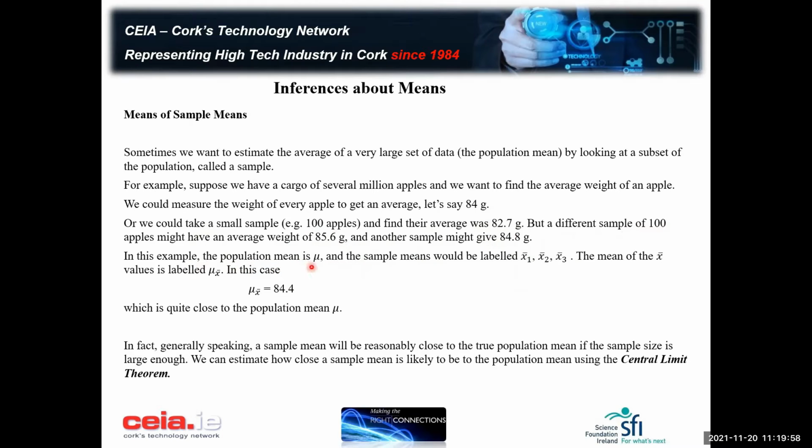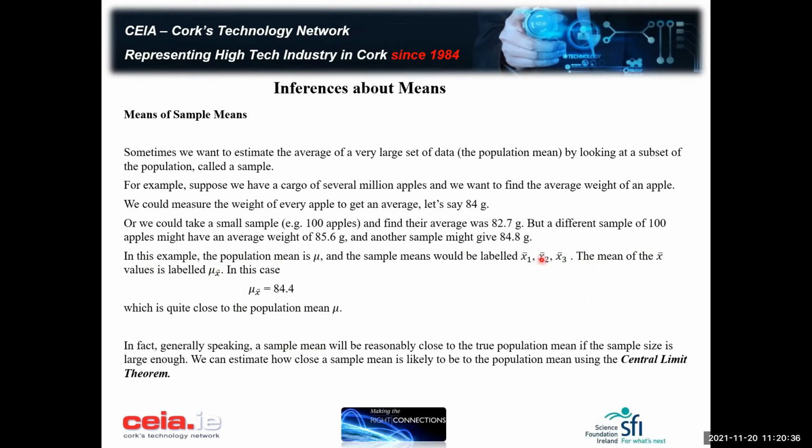Now, for terminology and notation, we talk about the population mean being mu, and each of those samples we would call the sample means: x1 bar, x2 bar, x3 bar. You can take as many samples as you want, but the average value of those sample averages you label as mu subscript x bar.